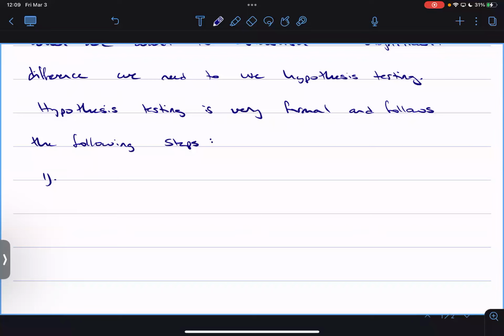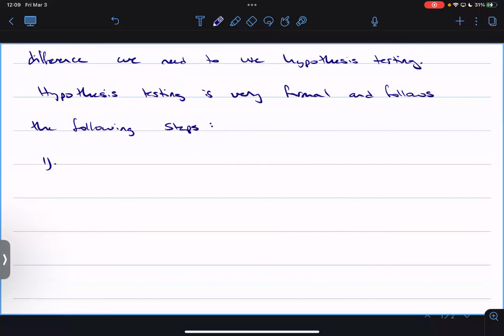I remember in grade 9 science, we had to build a poster board: what's your hypothesis? I hypothesize, so I have some idea that this is going to happen. I hypothesize that when I boil water, it will turn into gas, and then we tested it and confirmed that. We're going to have the same idea, except now the hypothesis is going to be in terms of the parameters. So the first step is to state the hypotheses.